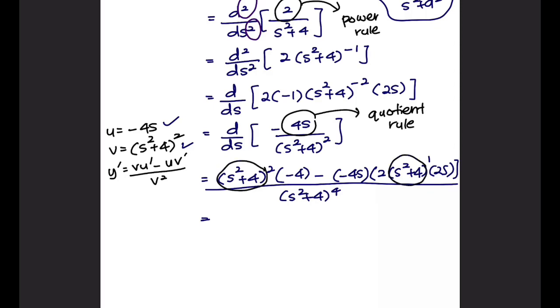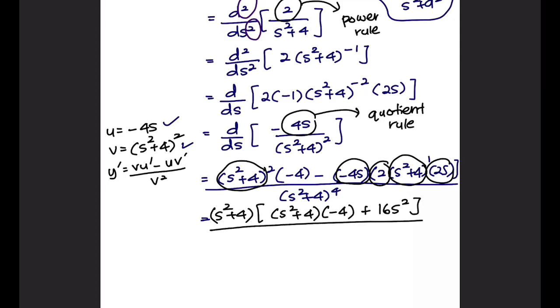And we have a common factor here, (s squared plus 4). So factor out and leave with (s squared plus 4) times negative 4. Then multiply all. We will get plus 16s squared divided by (s squared plus 4) to the power of 4.